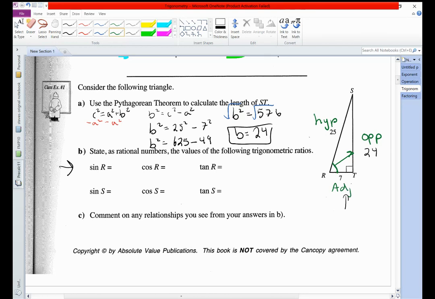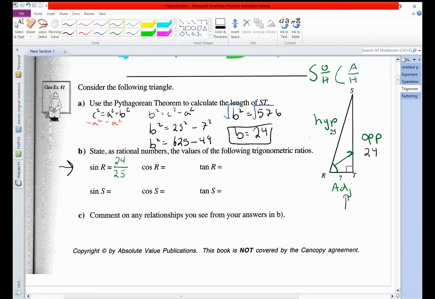So sine of r, we know sine from SOHCAHTOA is opposite over hypotenuse. So in this case, our opposite is 24, and hypotenuse is 25. We know cos is adjacent over hypotenuse. So we can use those numbers.